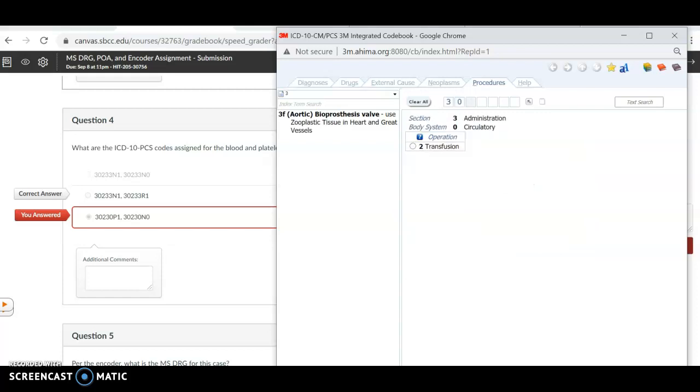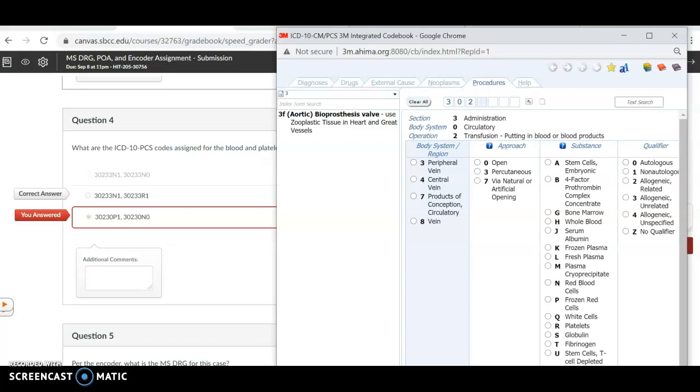0, 3, and you put 2, which is right. 3, you have that. But then you put another 3, which is percutaneous. Or actually, you put a 0, you put the open, and it should have been a percutaneous.